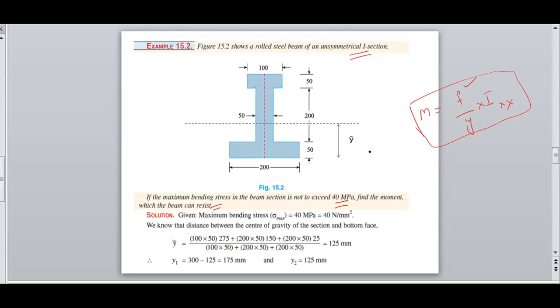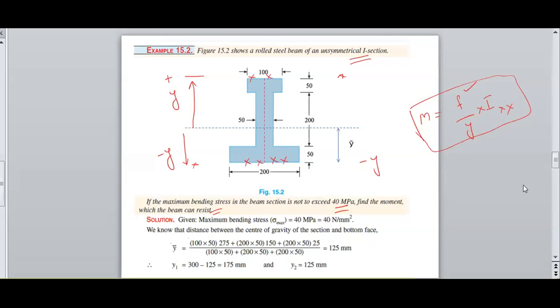That is a negative y and a positive y. The topmost layer is a positive y, and the bottommost layer will be a negative y.